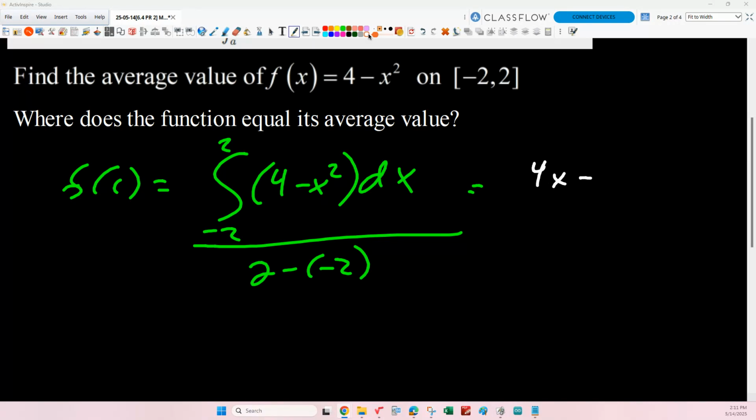Okay, 4x minus x cubed over 3. And now what could we do here to make this a little simpler? What do you notice about that integrand? It's even, right?